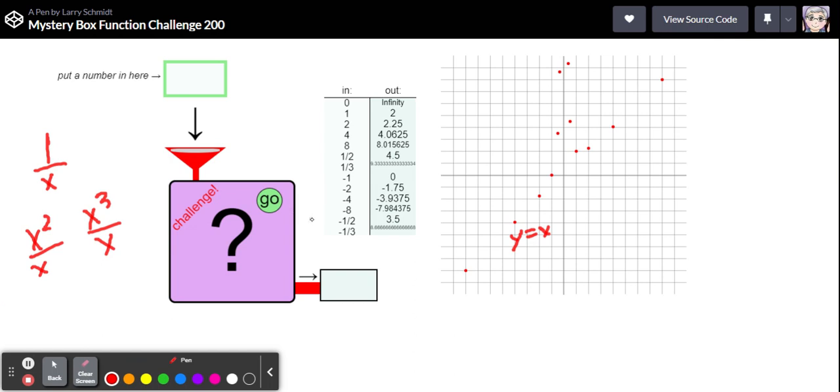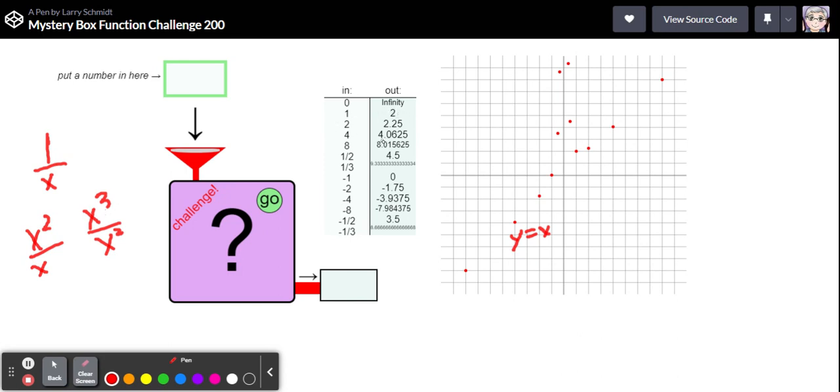So let's look at the points 0 and 1. We want to get infinity at 0. So maybe this is x cubed over x squared, and that would simplify to x. But maybe something's been added or multiplied. At 0, this would still give us that 0 on the bottom of the fraction to give us that infinity error. At 1, we'd have 1 cubed over 1 squared, and we need to get to 2.